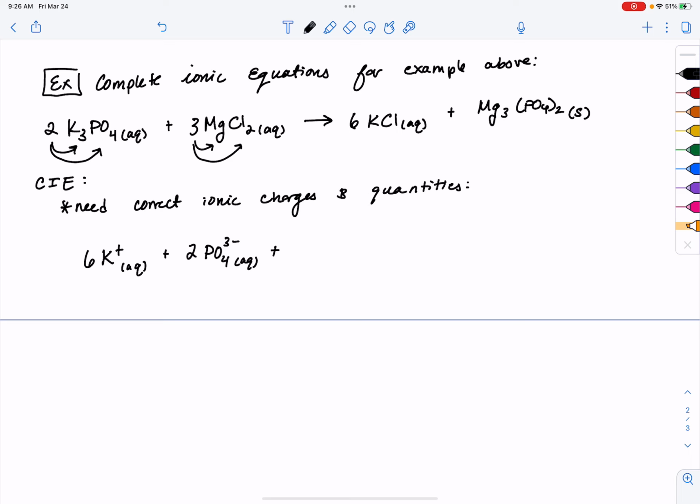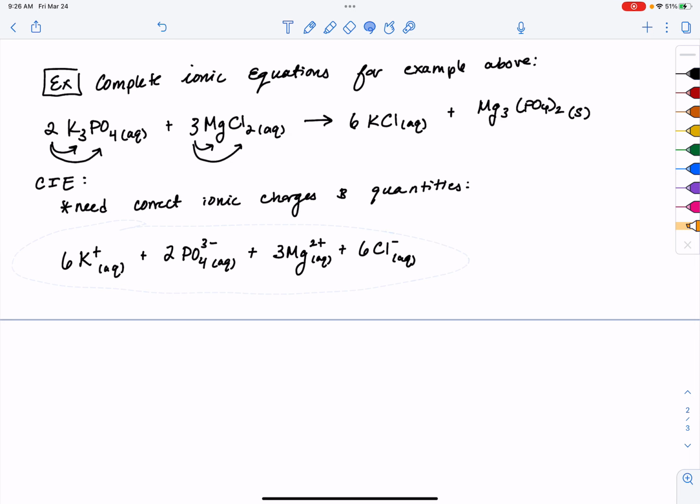Let's do our other reactant, magnesium chloride. So when I dissolve 3 units of magnesium chloride, I generate 3 magnesium cations into solution, and then 3 times 2 is 6 chloride anions into solution.